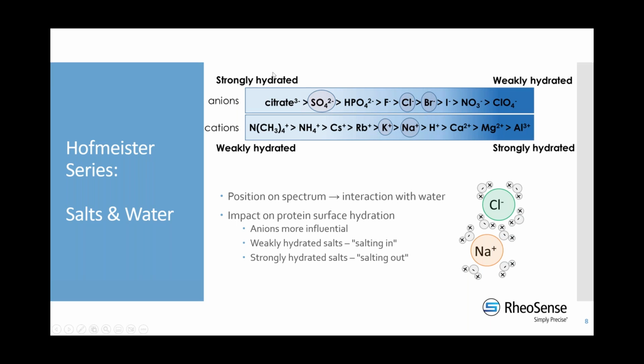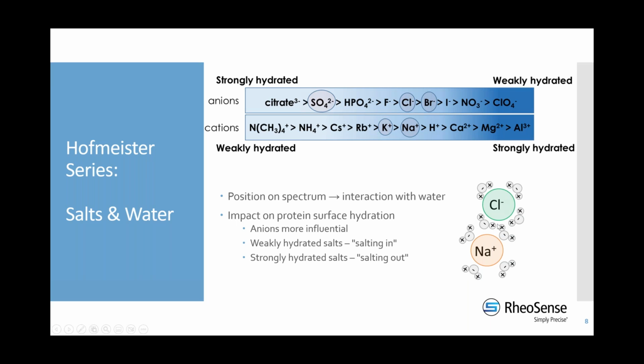On one end, you have something that is more strongly hydrated, and on the other end, it's more weakly hydrated. What that means is when you put the salt in solution and it dissociates, a certain level of water molecules will associate with the cations and anions.